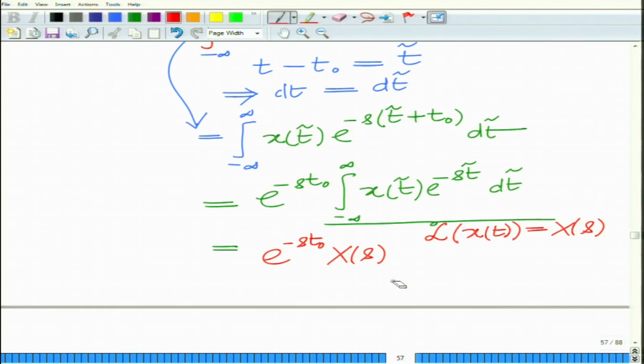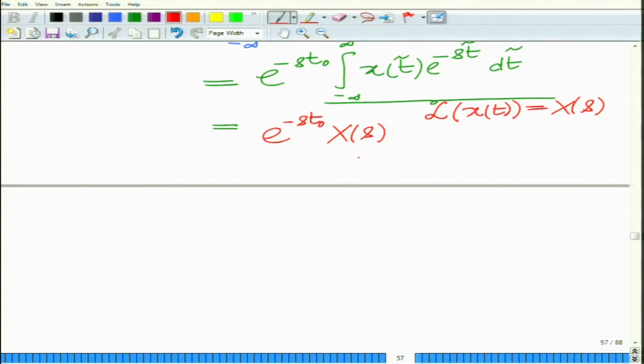So basically the Laplace transform of the delayed signal x(t minus t naught) is e raised to minus s t naught times X(s), and you can see the region of convergence will be the same because we are directly using the Laplace transform X(s). Whenever X(s) exists, e raised to minus s t naught X(s) exists, as long as s is a finite quantity.